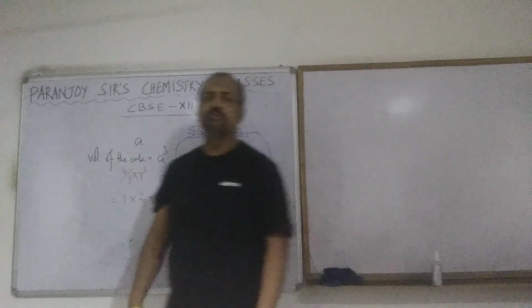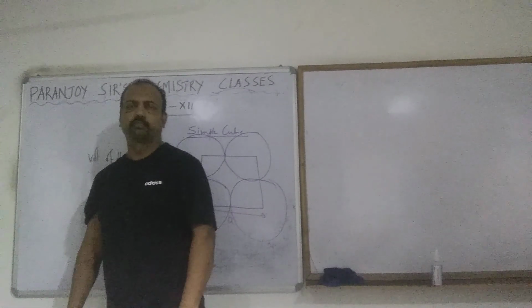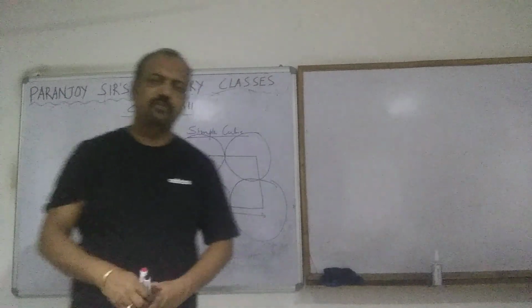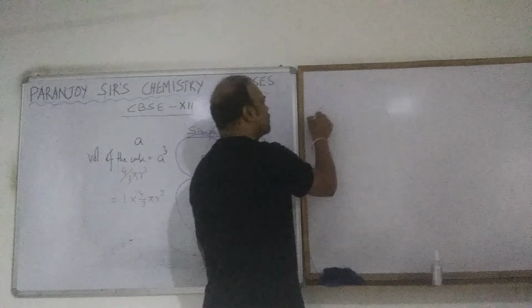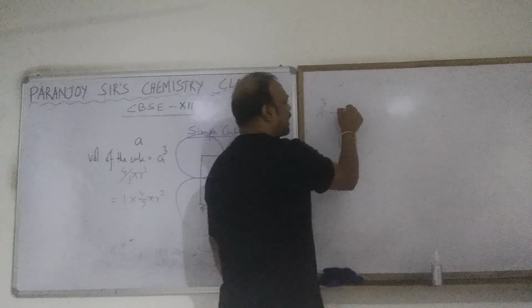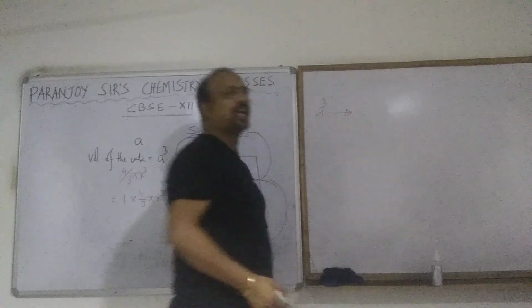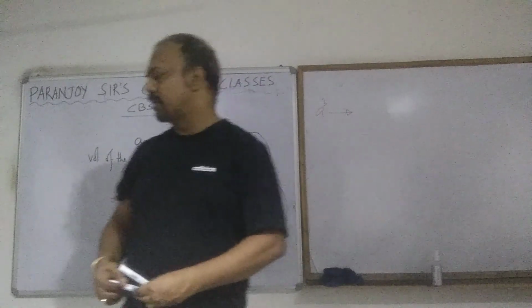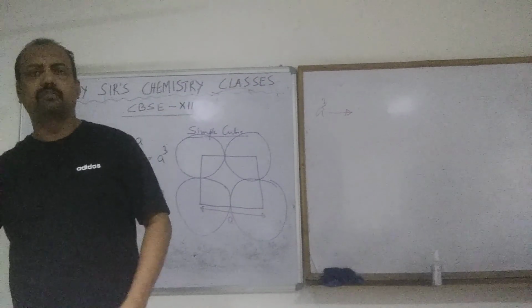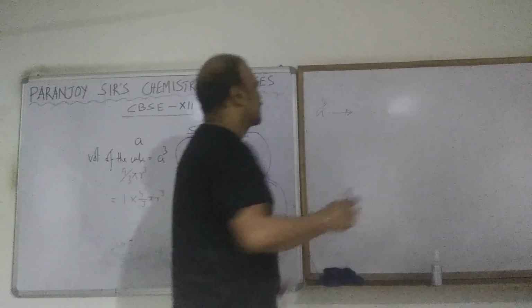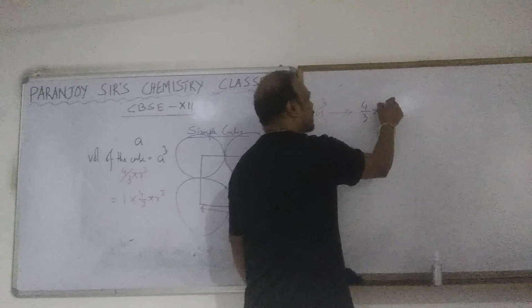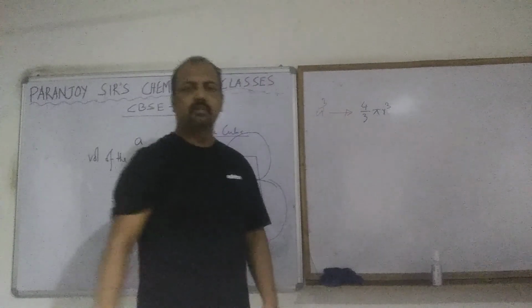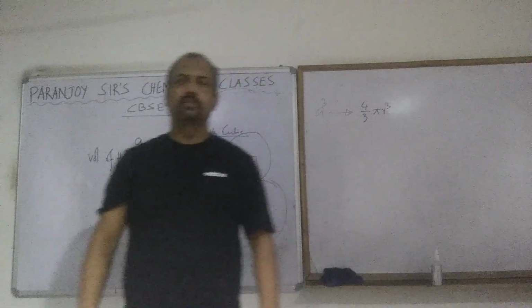Hence, out of the volume of the cube, the amount of volume occupied by the lattice point is how much? 4/3 pi r cube.